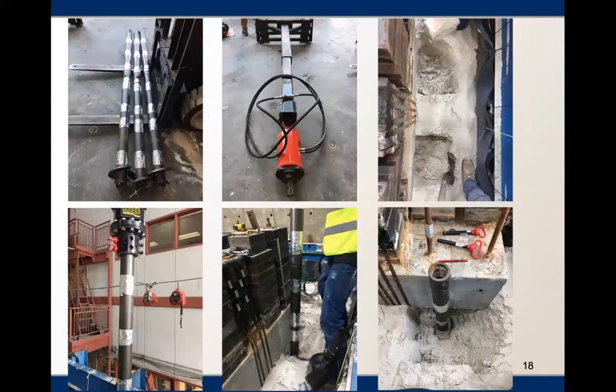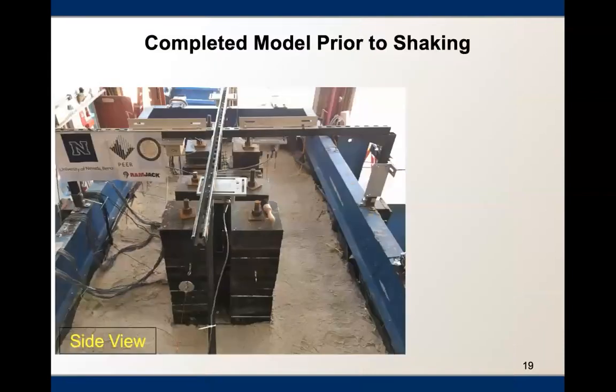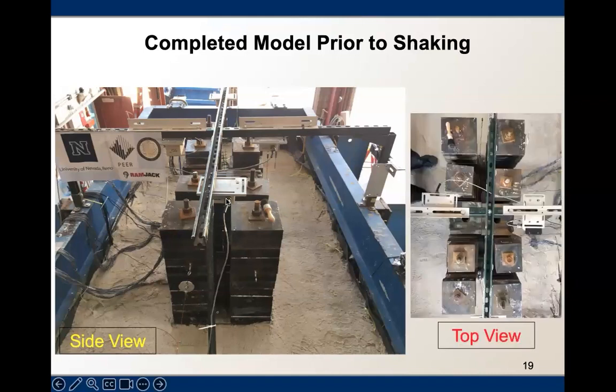We did not have any major issues with losing data. Some more pictures of how the helical piles were attached to the foundation. This is a model of the footing with all the weights on the top to reproduce that contact pressure. This is the top view of the model.